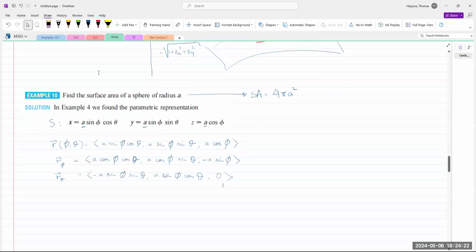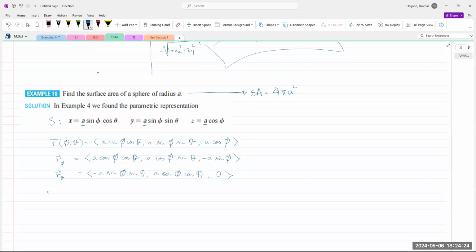So the cross product r phi cross r theta is equal to, let's see, the x component will be a squared sine squared phi cosine theta.